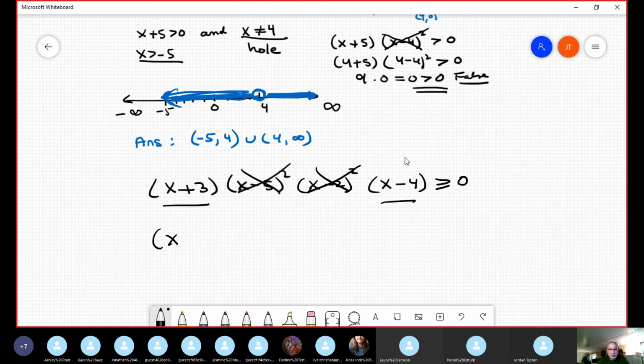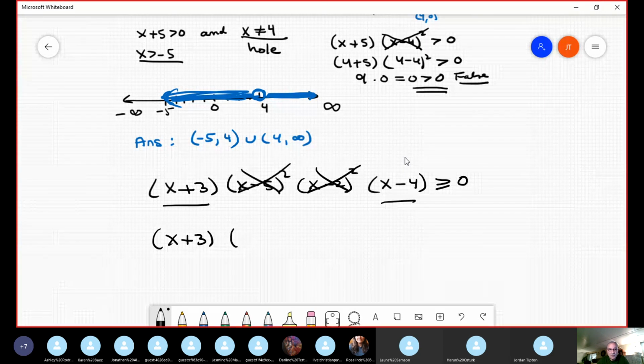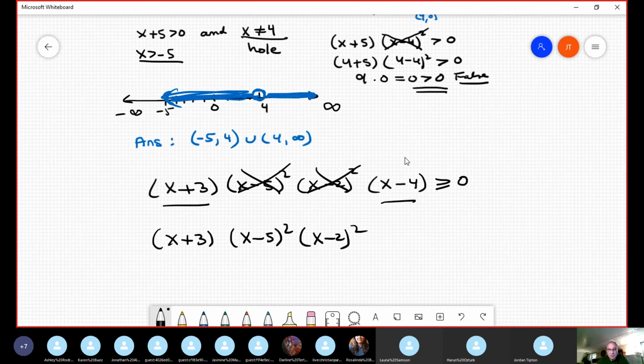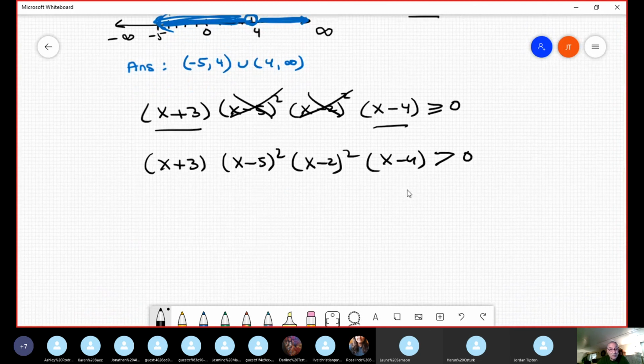Suppose now x plus 3 again, x minus 5 squared, x minus 2 squared, x minus 4 not squared, greater than 0. Then you convert this inequality into one compound inequality.